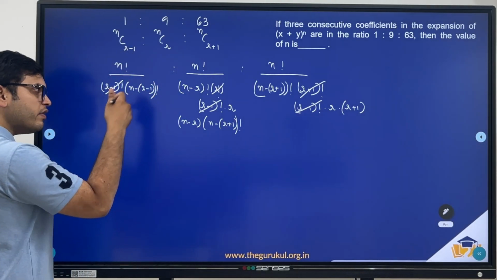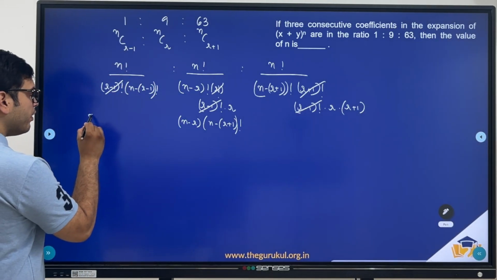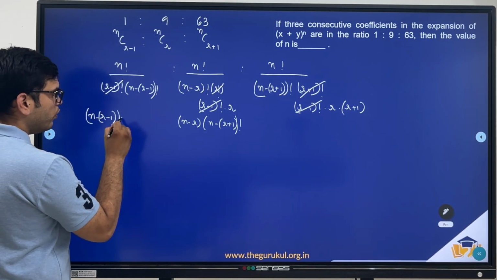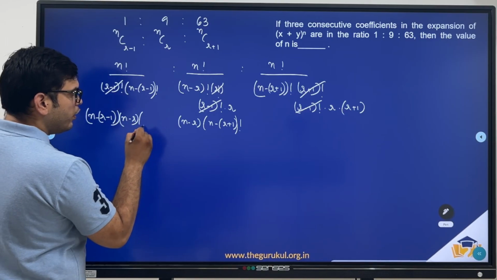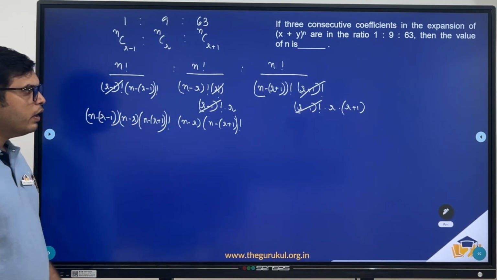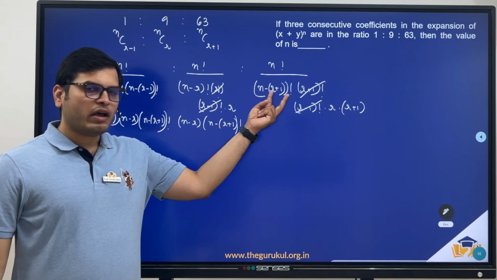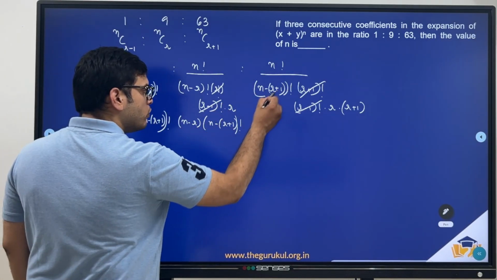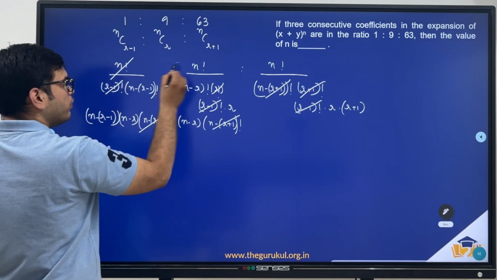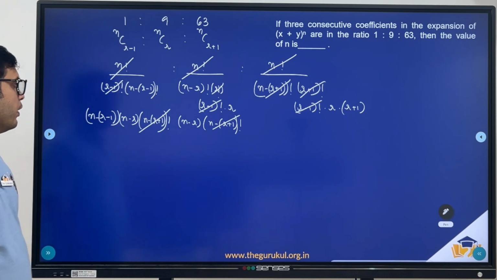Now n minus r minus 1 factorial can be written as n minus r minus 1 into n minus r into n minus r plus 1 factorial. Now if you observe, we have n minus r plus 1 factorial common, so let me cancel these two, and n factorial is common in all the terms. Let me cancel these.